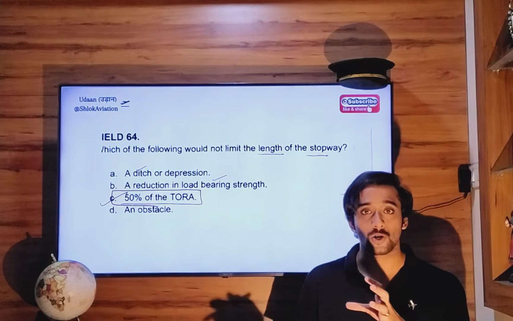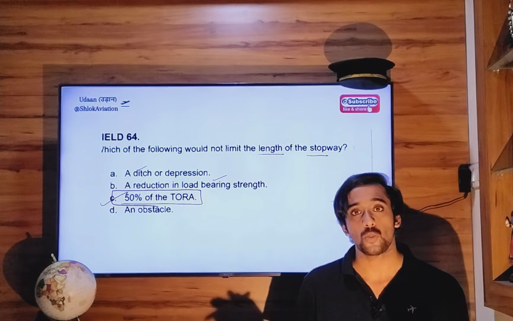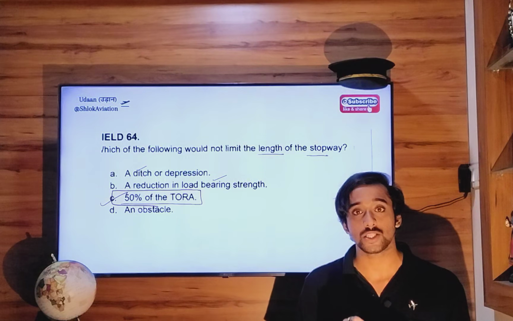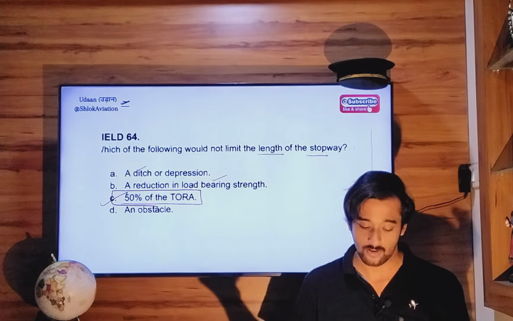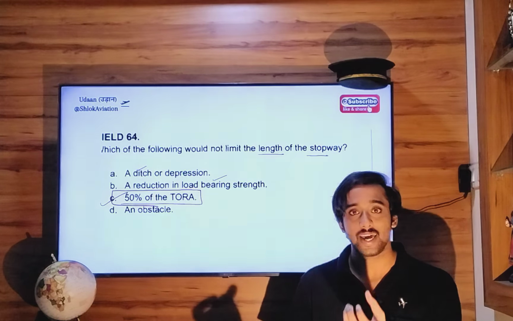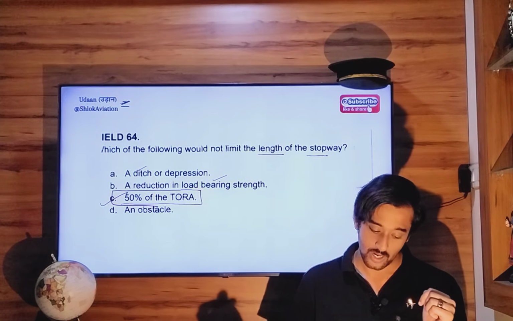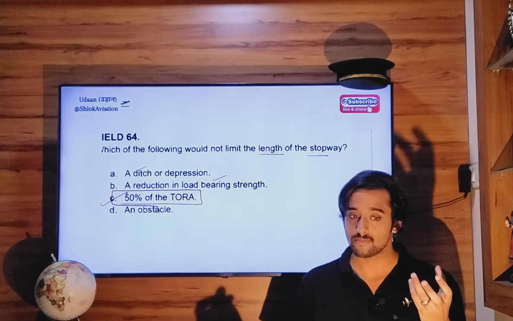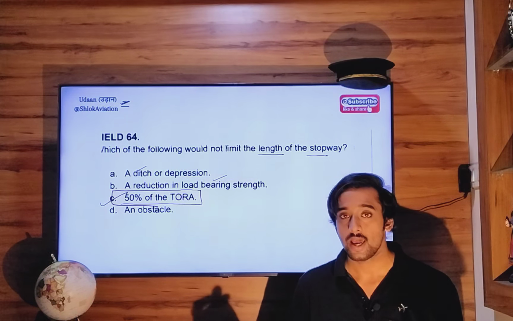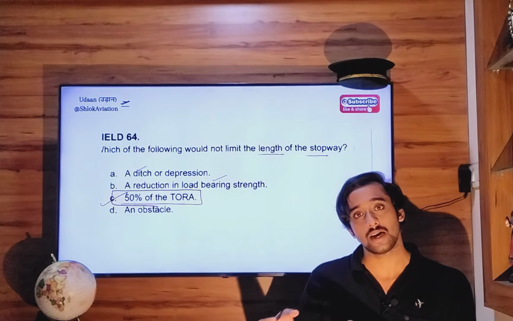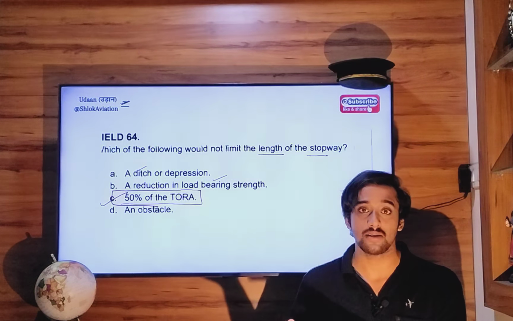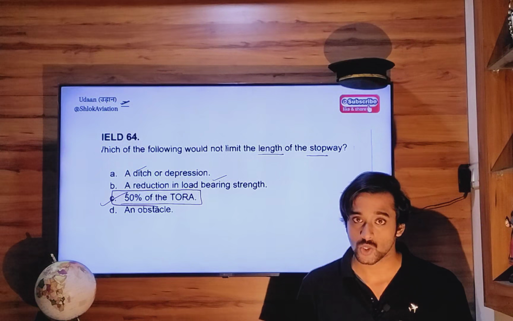So the construction of the stopway, the materials of which it is made, must be strong enough, robust enough to bear the load of that aircraft. Okay. So a reduction in load bearing strength, if the materials that you are using for the stopway are not designed for bearing excessive loads, will be another limitation associated with that stopway.